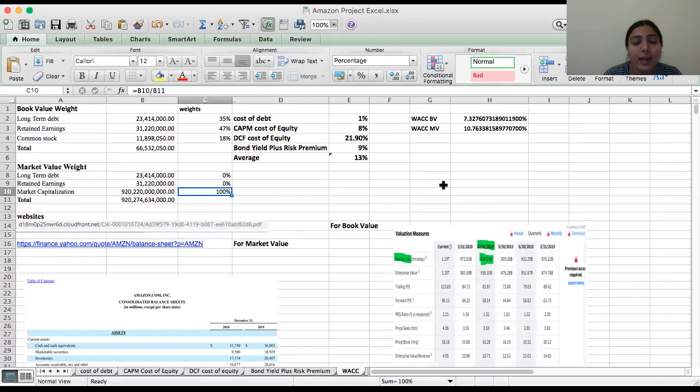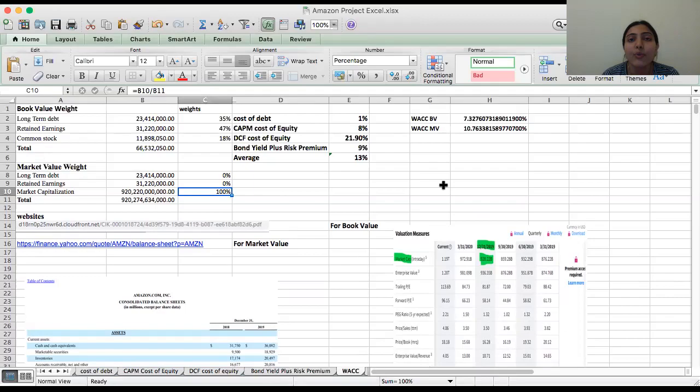So now, in order to find the WACC, we have to apply these individual weights that we found with the cost of equity and cost of debt. For the cost of equity, I found CAPM, DCF, and bond yield plus risk premium.